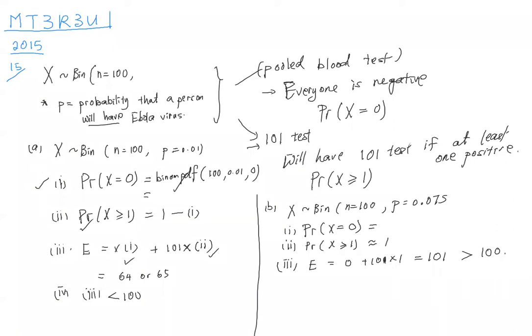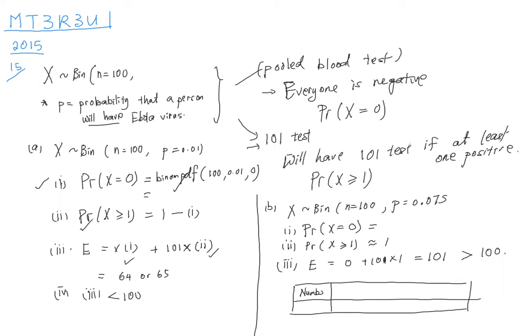So that means if I do like that, I put the number of tests. This is 1. Probability is whatever I get from part 1. Then 101 tests.